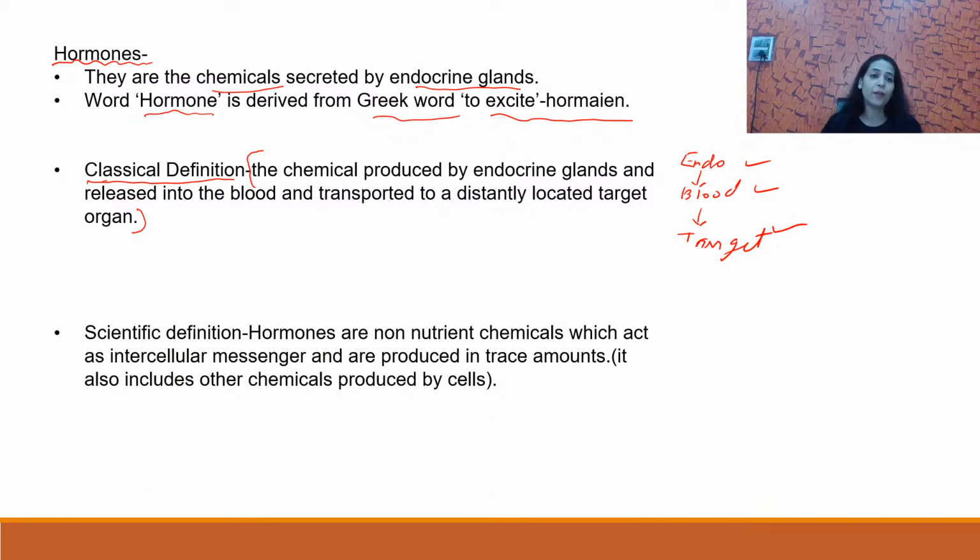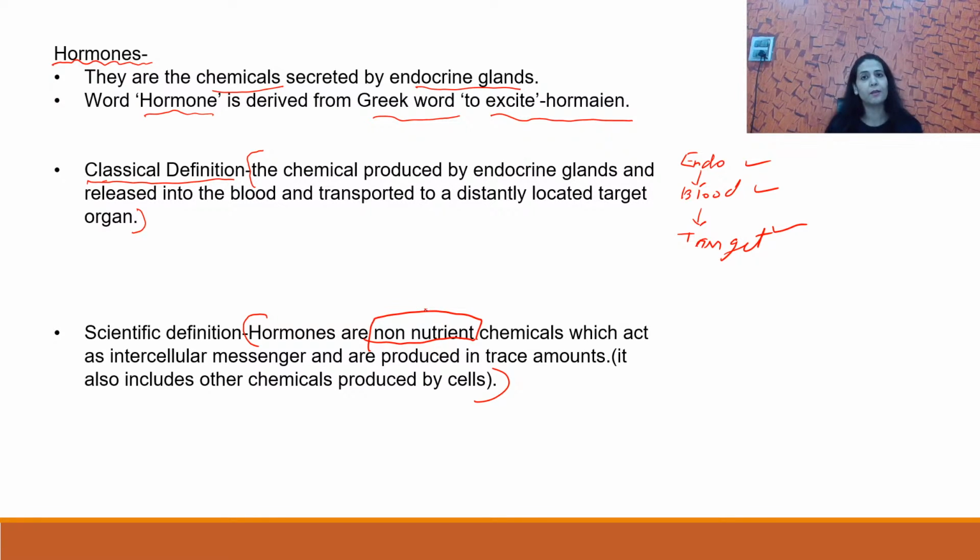Scientific definition. NCERT, on the same page, has also mentioned a scientific definition, so you need to remember this also. Hormones are non-nutrient, a very important word. An MCQ could be asked in which they mention that hormone is protein in nature.